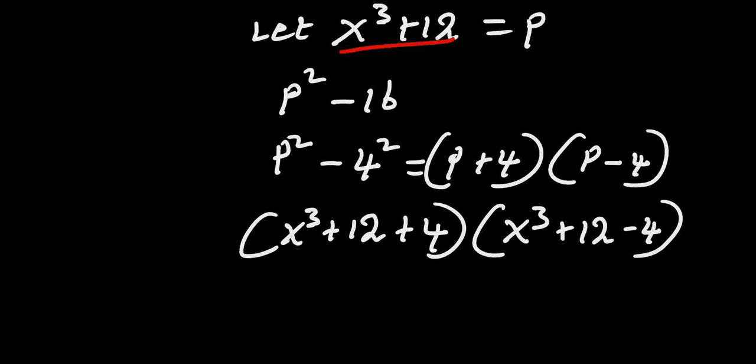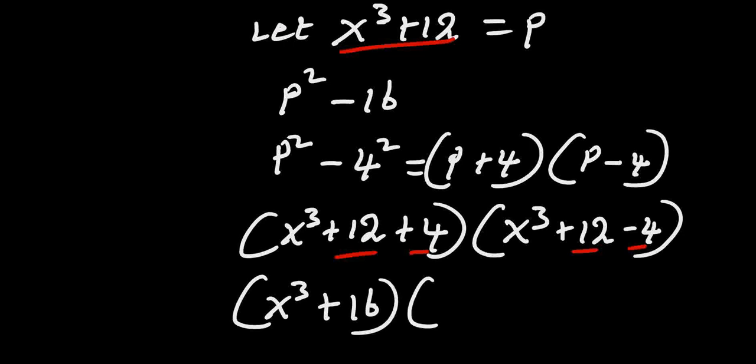All right, so we have like terms. Let's combine them, and plus 12 plus 4 is plus 16. So we now have x cubed plus 16, and x cubed plus 12 negative 4 will give us x cubed plus 8.